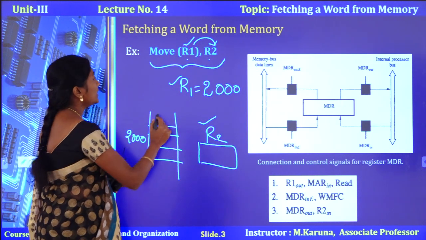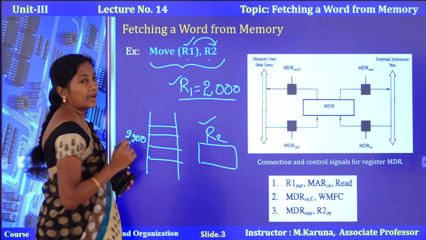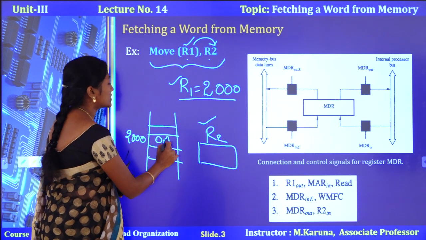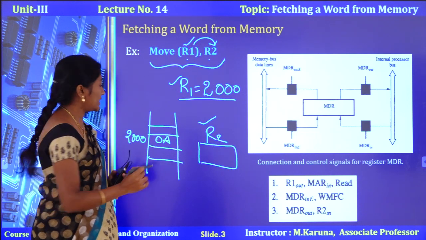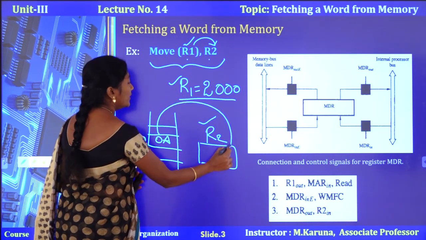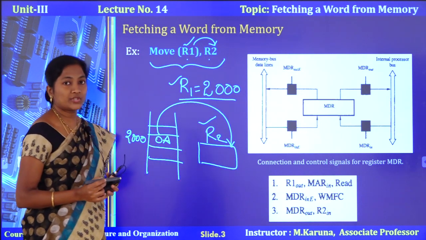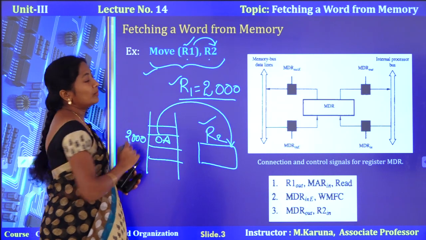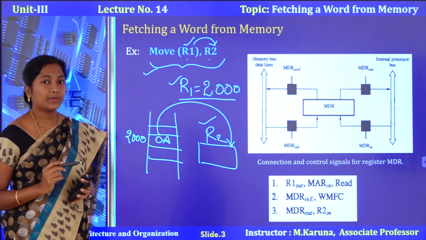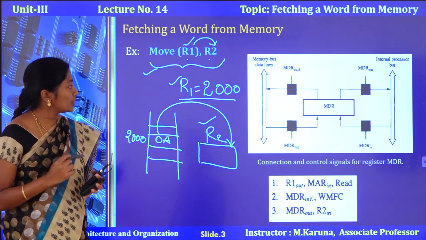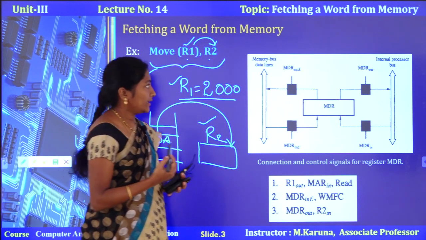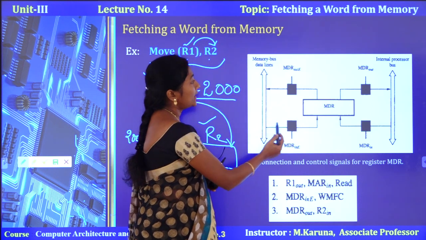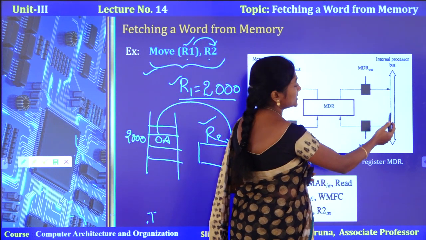R1 contains the address, and whatever data is stored at that memory location is to be transferred to R2. That is the aim of the instruction move (R1), R2.